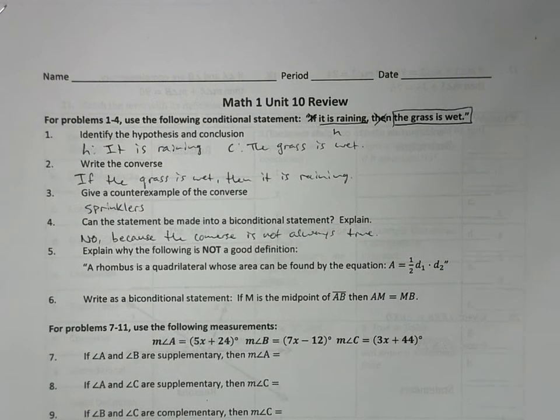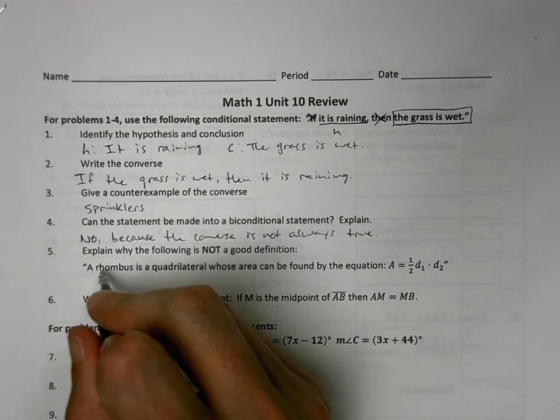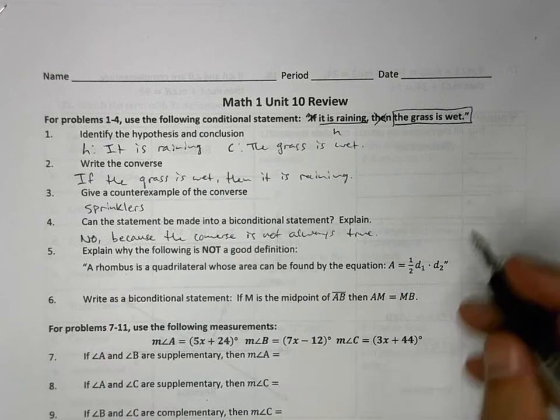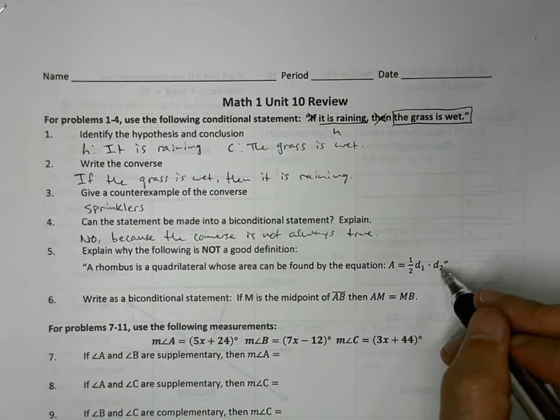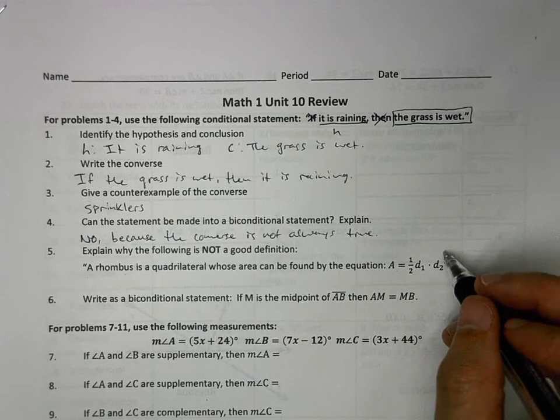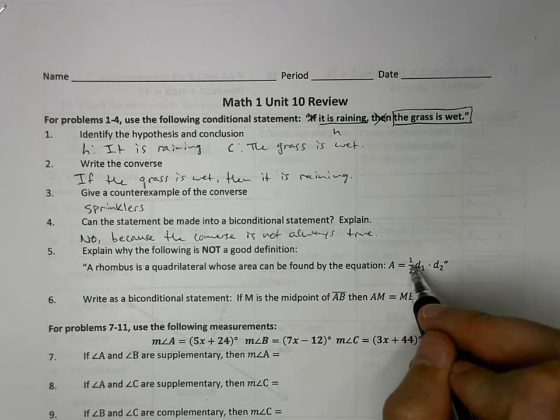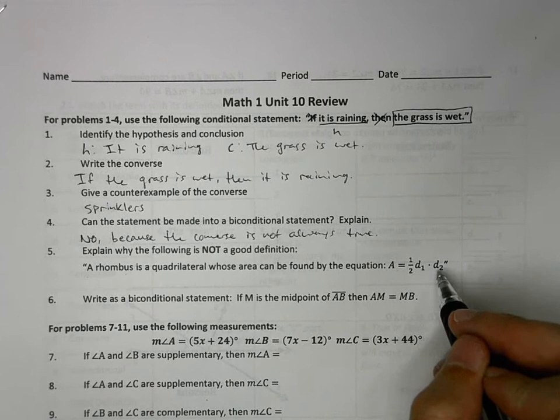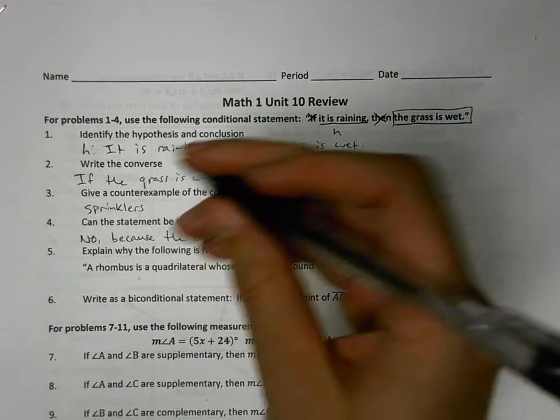For number 5, how to explain a good definition. A good definition works in both ways. So if it's a rhombus, then the area is 1/2 d1 times d2, and that's a true statement. However, if you use the converse of that, if the area equals 1/2 d1 times d2, then it must be a rhombus. That is false.